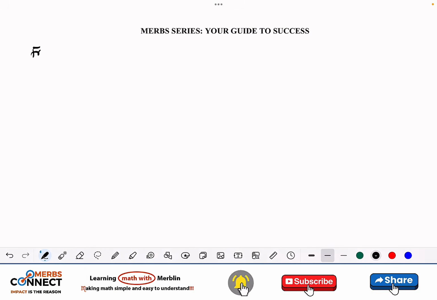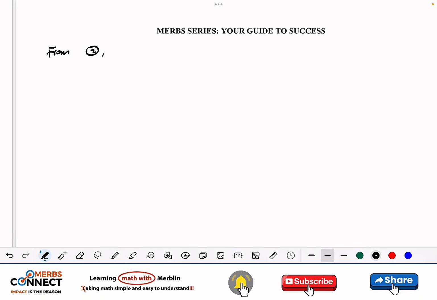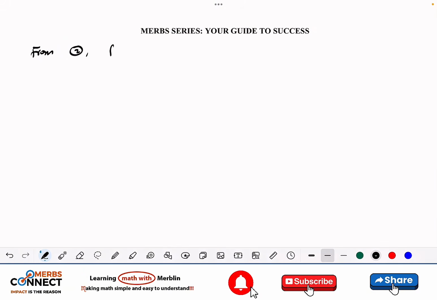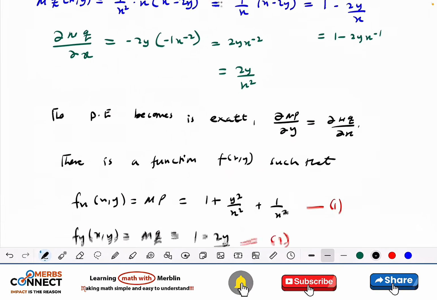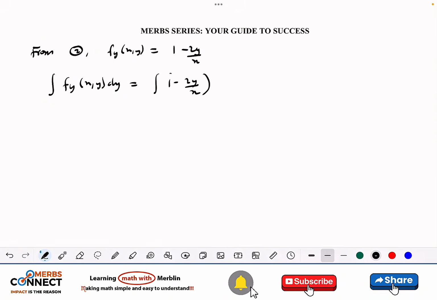So from equation 2, what was the equation there? From equation 2, f y of x y is equal to 1 minus 2y over x. So I need to integrate that with respect to y. So this is going to give us f of x y.